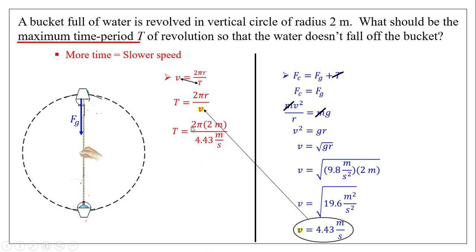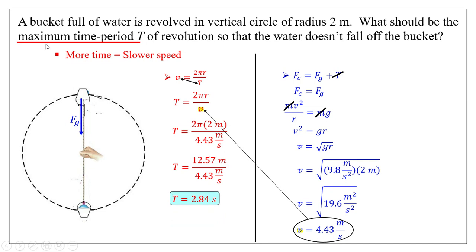I carry down 2 pi, substitute in r, which is 2 meters, and v here is 4.43 meters per second, which I just calculated. If you simplify this on your calculator, the numerator becomes 12.57, the denominator stays 4.43, and you get a time period of about 2.84 seconds, and that is your answer.